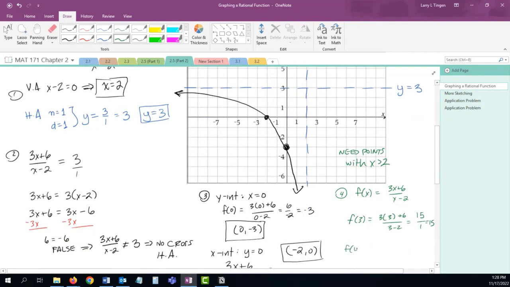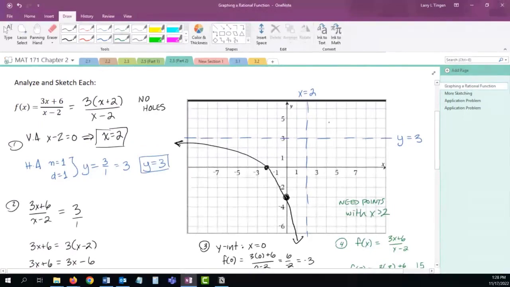Let's try 4. 3 times 4 plus 6 over 4 minus 2. 3 times 4 is 12 plus 6 is 18. 18 cut in half is 9. Do I go up to 9? Nope, I go up to 7, so 8, 9, somewhere in there. So I'm way up there.